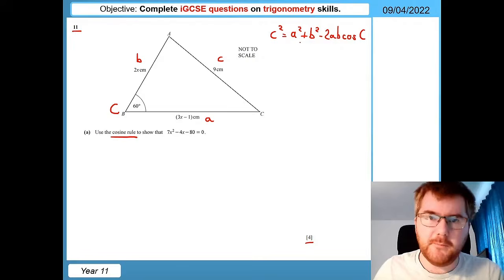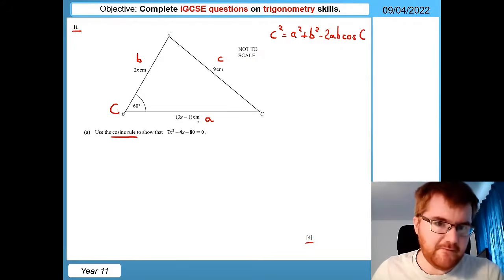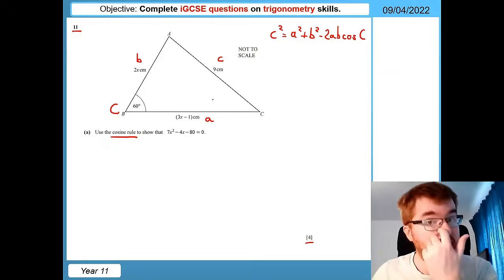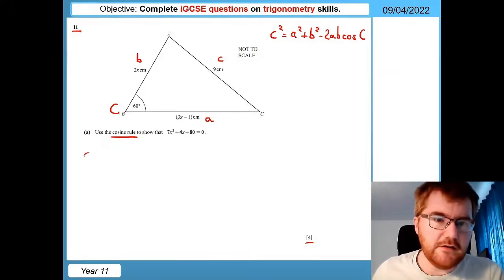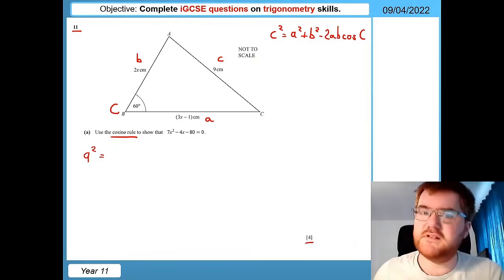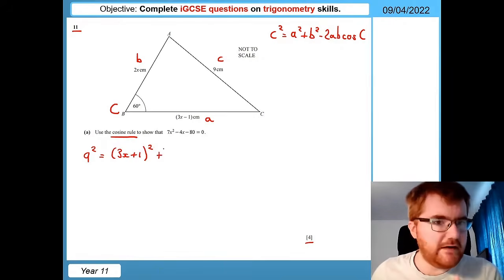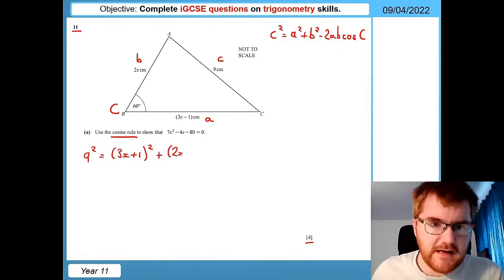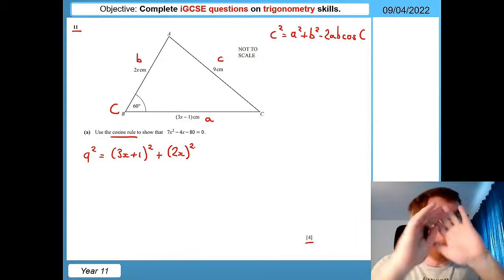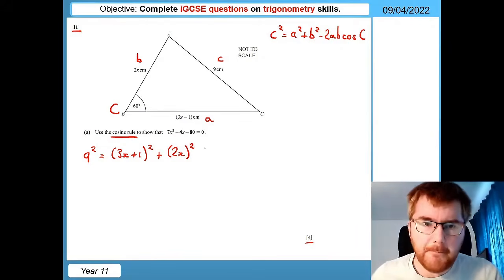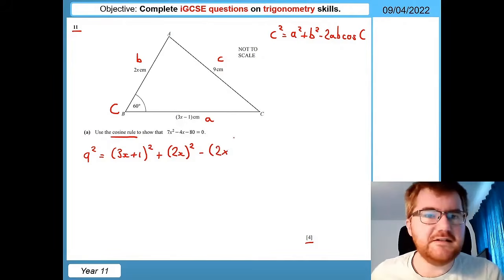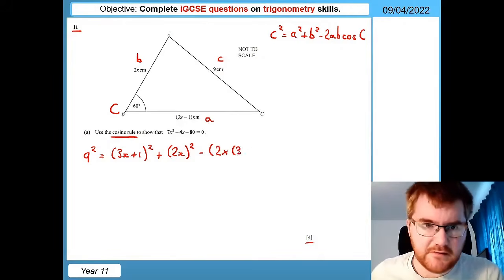So I'm going to copy out the formula. Wherever I see a small c, I'm going to put a 9. Wherever I see a small a, I'm going to put a 3x minus 1 and so on. So let's do that now. So we get 9 squared equals a squared, which is 3x minus 1 all squared, plus, and be very careful with brackets here, 2x all squared, because we're squaring the whole of 2x here, minus 2 times, well, a is 3x minus 1, sorry.